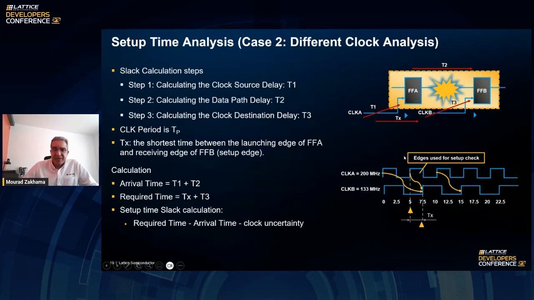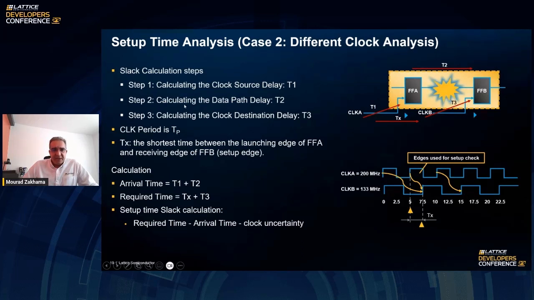The steps are exactly the same. Keep in mind that if there is no indication of the relationship between clock A and clock B, the software will assume that they both start at time 0, and it will lay out all the waveforms like you see here.